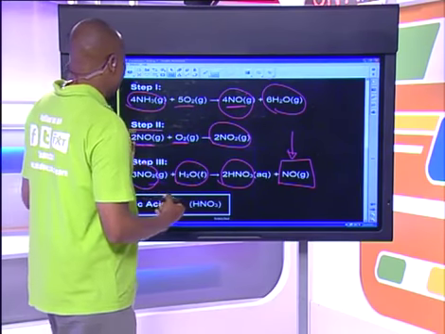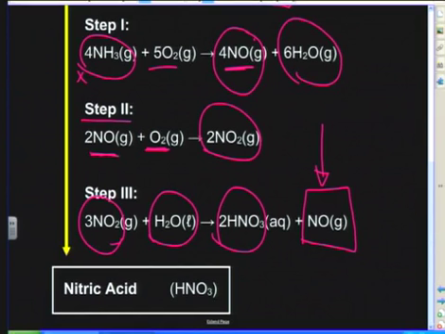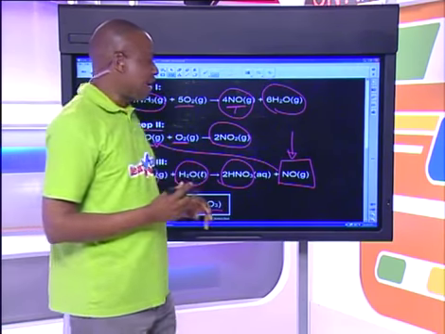Because remember, at the beginning, when you have ammonia reacting, you produce that one so that you can have step 2. So from there, you can come back to step 2 and continue to react that nitrogen monoxide with oxygen to give you nitrogen dioxide. This is quite interesting. So from there, you have the nitric acid, which is very crucial in the production of nitrogen-based fertilizers.